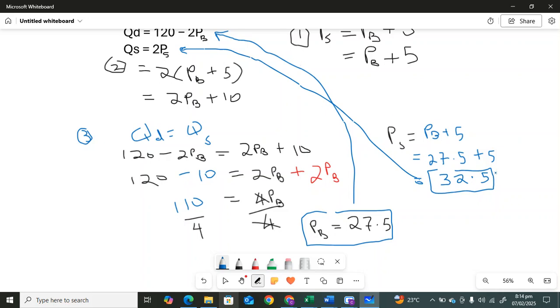So Q is going to be equal to 2PS. So 32.5 times 2 is 65.